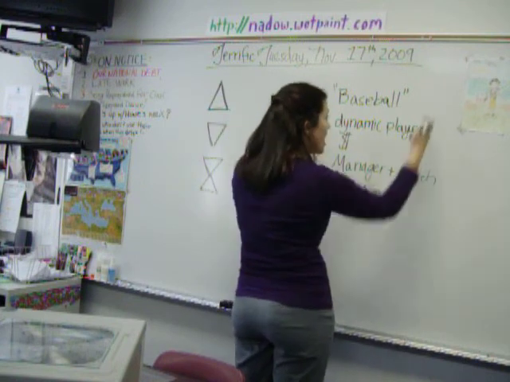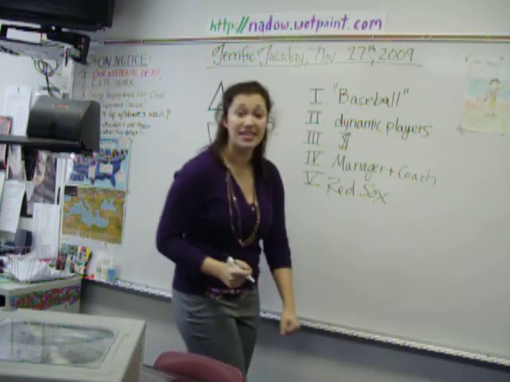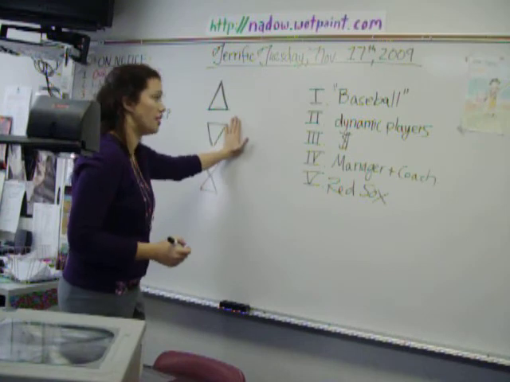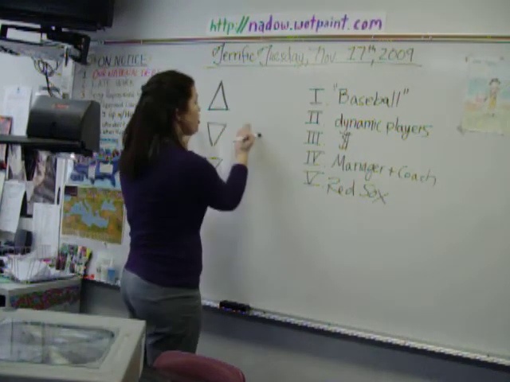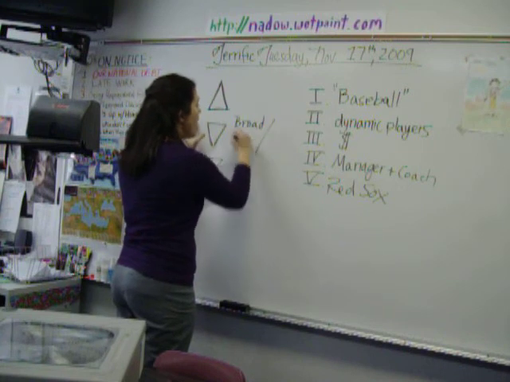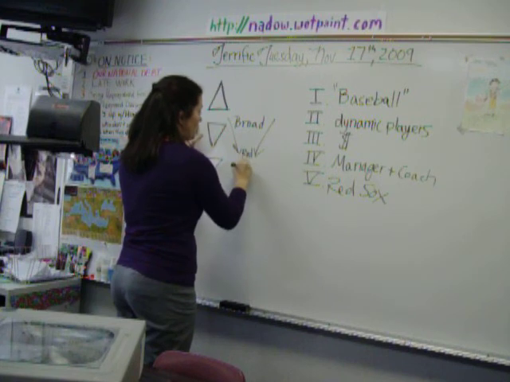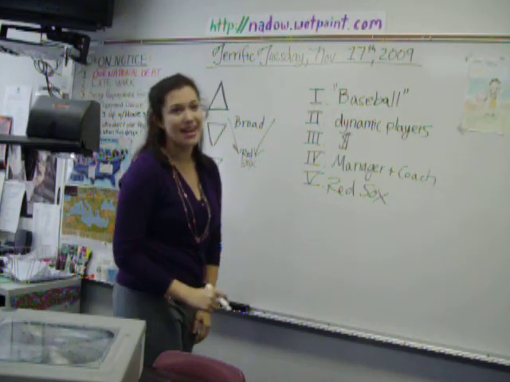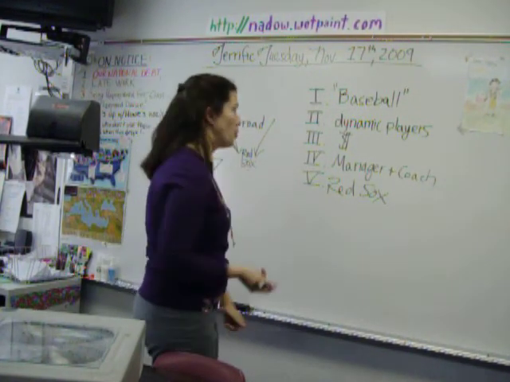And this particular outline is an example of a funnel introduction. As you can see, I started broad with my baseball sentence, and then I narrowed down to my original thesis, which is the Red Sox. So you can see that's an example of what a funnel introduction would look like.